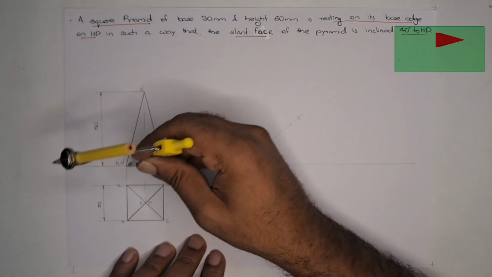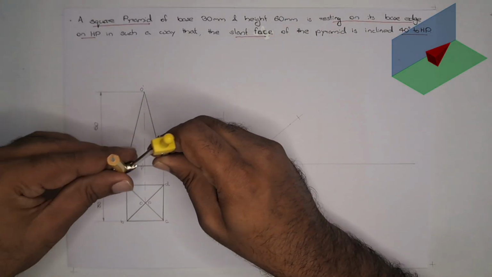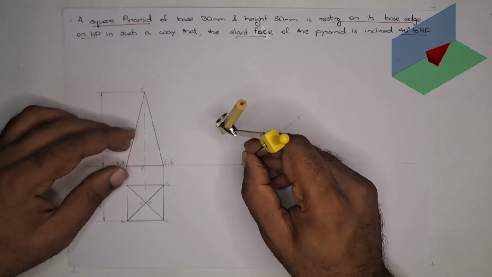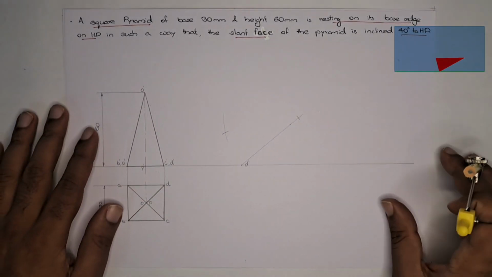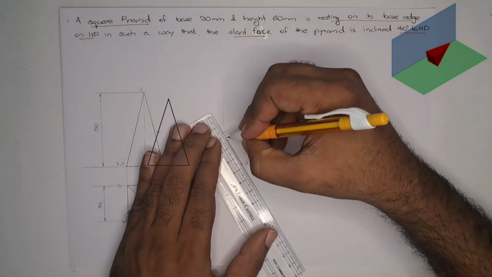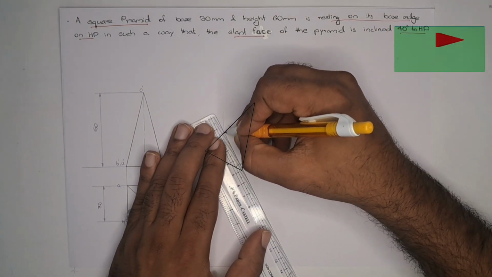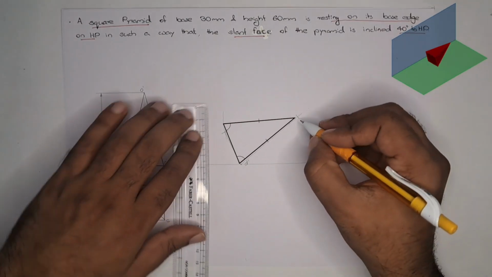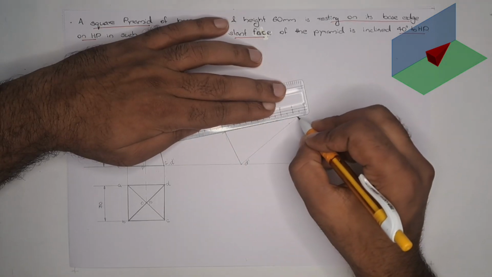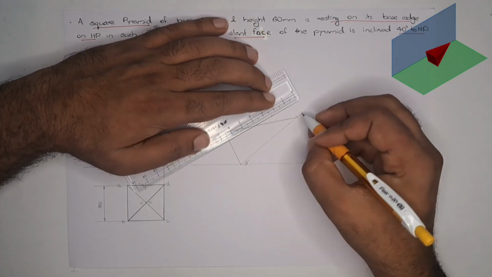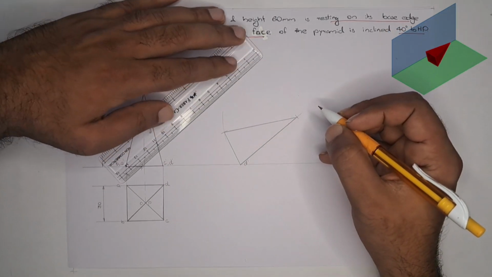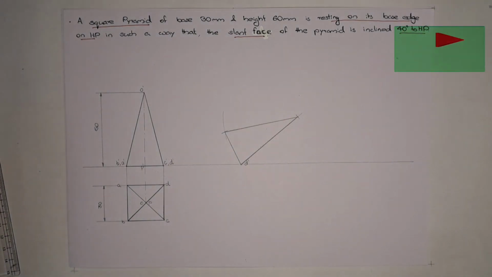We can mark the DB distance over here and plot the DB distance here. Now we can complete the triangle. So here it's the point.